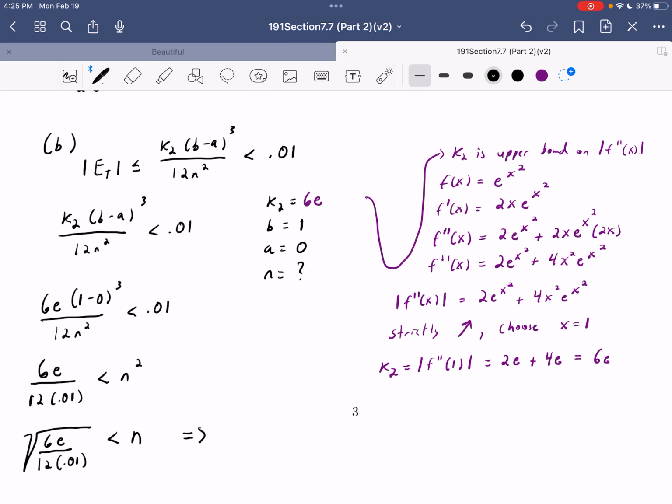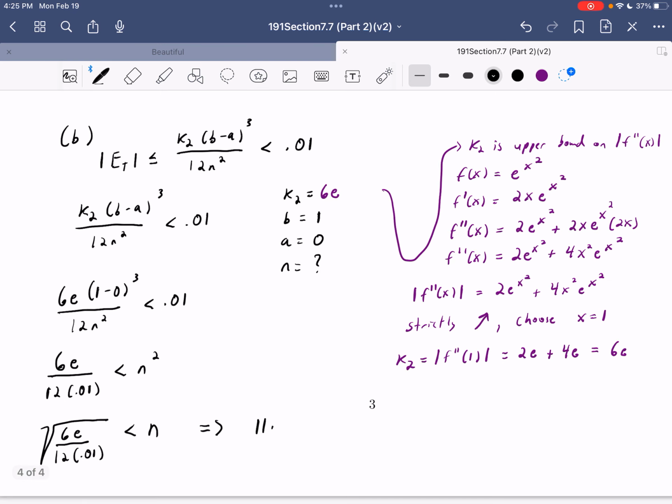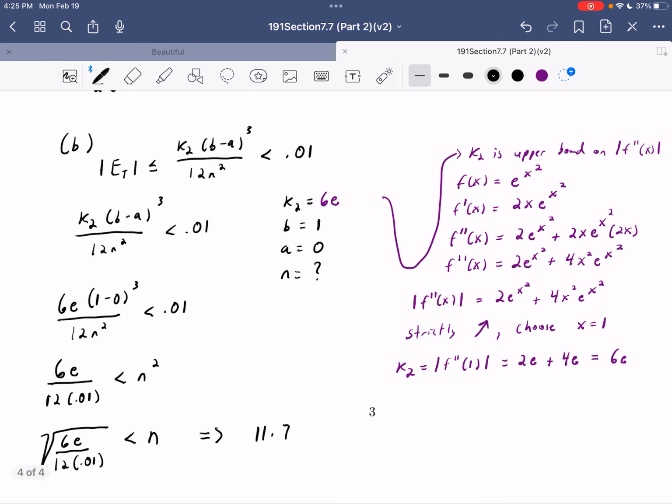Now let's evaluate that, which is just calculator stuff. 6 times e, divided by 12, divided by 0.01, and then take the square root. It comes out as about 11.7, keeping one decimal like the other one. So 11.7 is less than n.